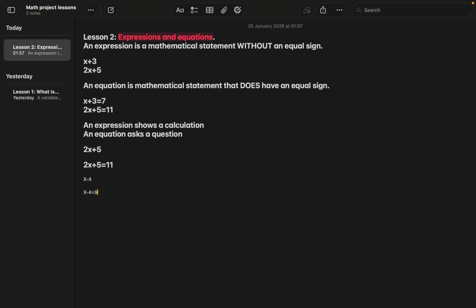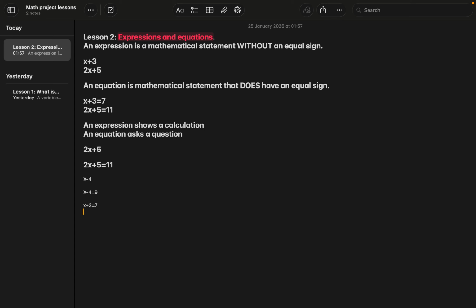Let's do a quick example. Suppose we have the equation x plus 3 equals 7. We want to find the value of x, and to do that we ask what number plus 3 gives us 7.